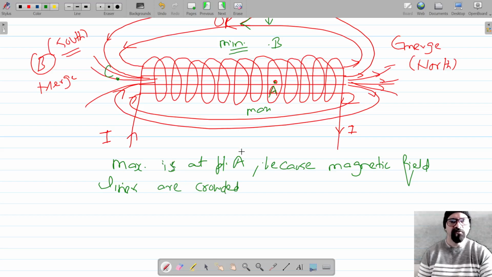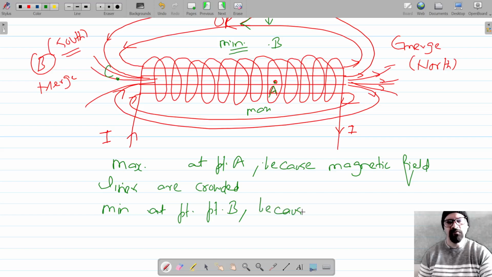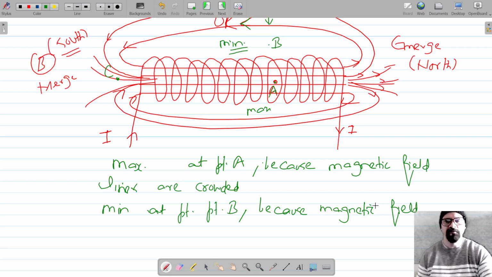Okay, now it's maximum at point A and minimum at point B because the magnetic field lines are away from each other. They have some distance between them. So we can say they are far apart.